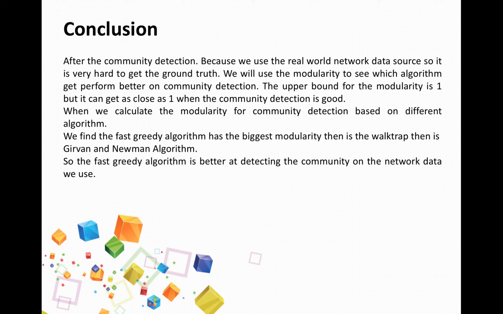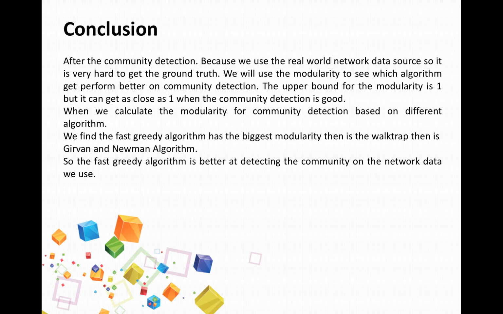And when we calculate the modularity for the different community detection algorithms, we found the fast greedy algorithm has the biggest modularity, and the walktrap is second, then the Newman algorithm. So the fast greedy algorithm is better at detecting the community on the network data source we use in this project.